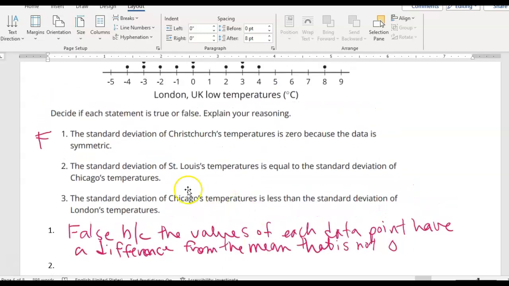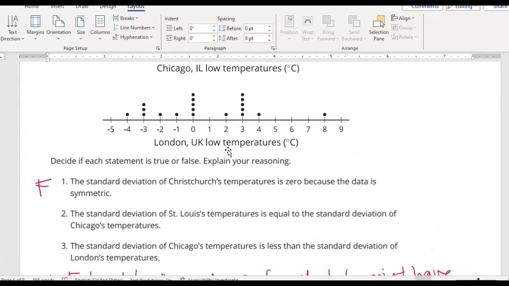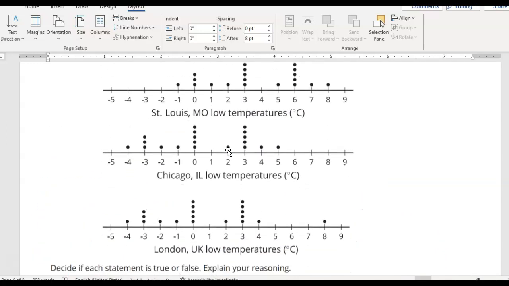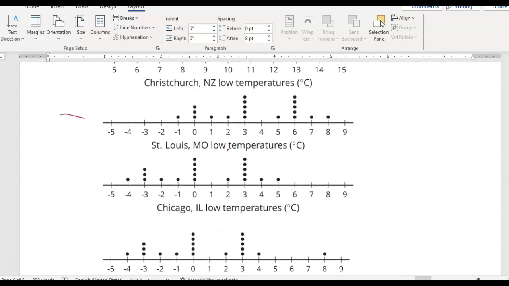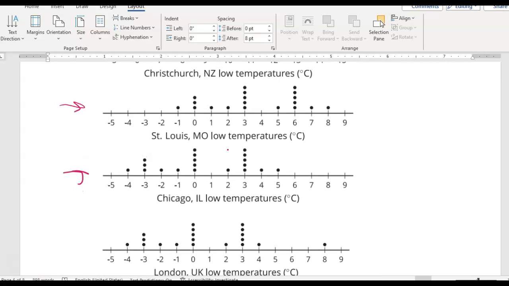All right, 2, the standard deviation of St. Louis's temperatures is equal to the standard deviation of Chicago's temperatures. Okay, so let's look at St. Louis and Chicago. St. Louis is here, Chicago is here, right? Now, if we look at where the mean is of Chicago, the values are lower, right?